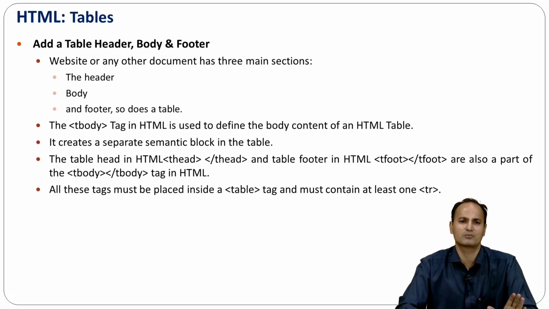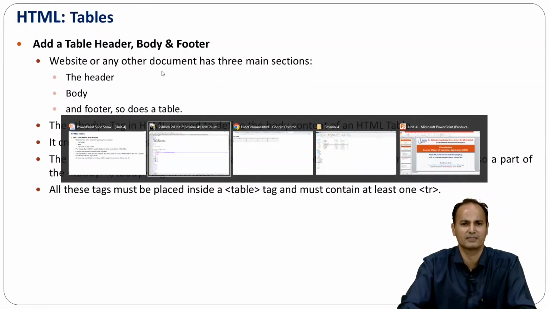All these tags must be placed inside a table tag and must contain at least one TR tag. So whenever we talk about table tags, especially headers, footers and body, we have to put all these tags within the table tag, and they all require at least one table row, that is the TR tag. Let's go through the examples to understand it better.